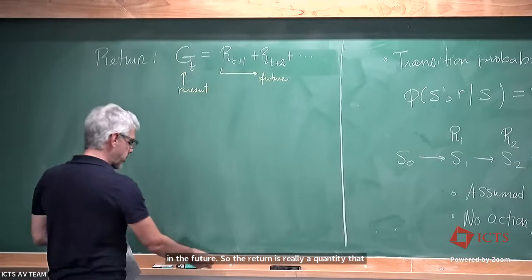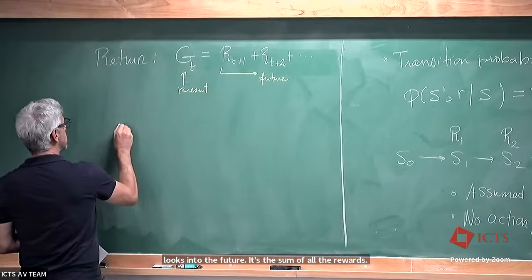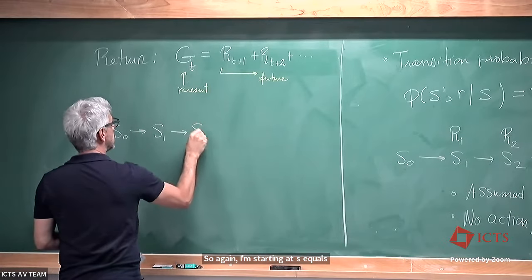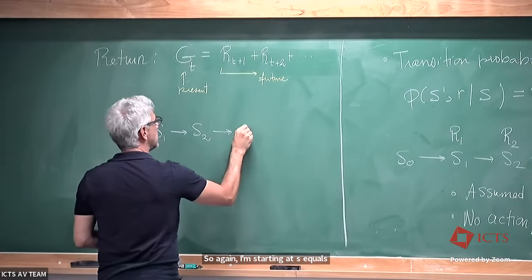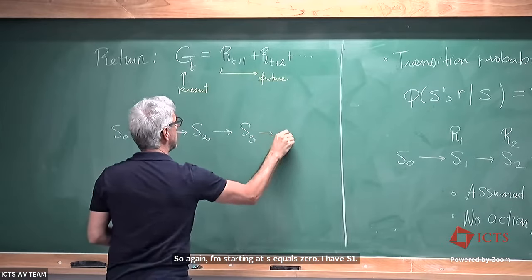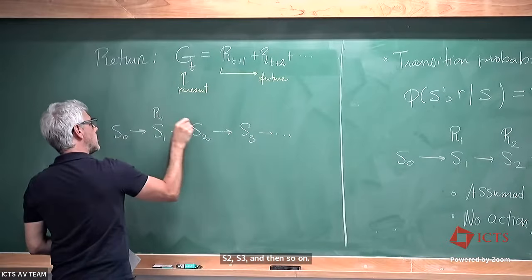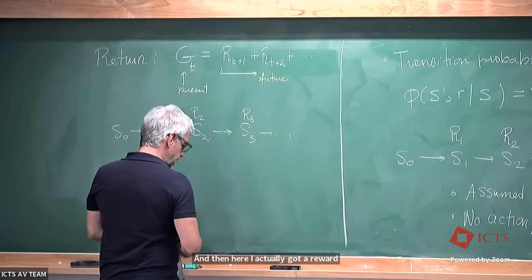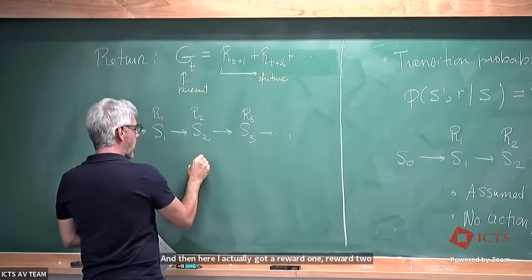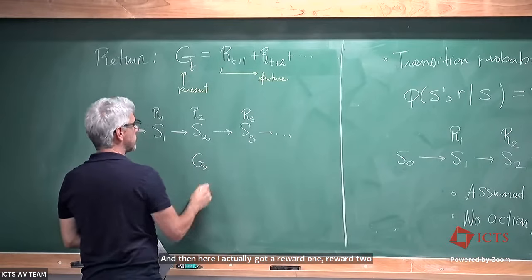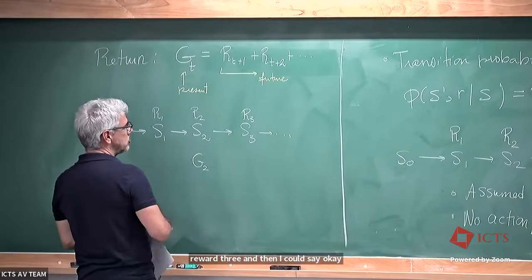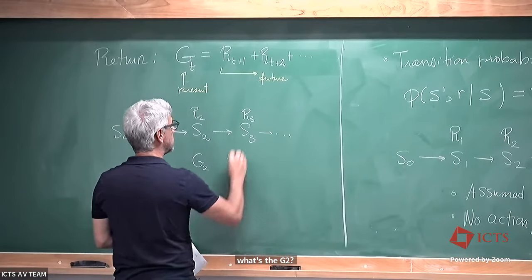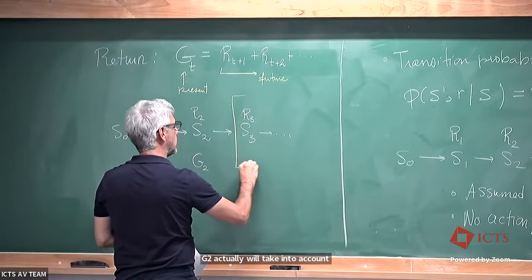So I can put a diagram actually to show this. So again, I'm starting at s equals 0. I have S1, S2, S3, and then so on. And then here I actually got a reward 1, reward 2, reward 3. And then I could say, okay, what's the G2? G2 actually will take into account, if I put some colors, all of this.